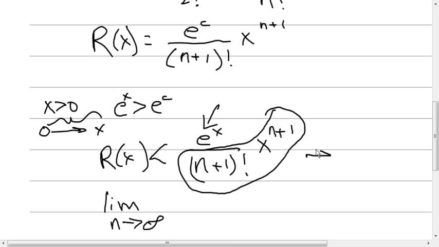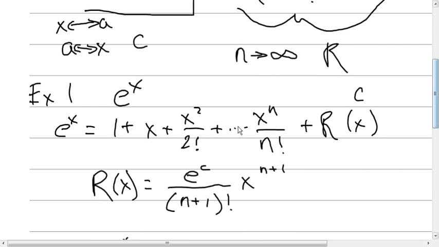So this whole thing goes to 0, classic sort of limit idea, and therefore our remainder goes to 0. Therefore, if we pick enough terms in this polynomial, we can get any degree of accuracy we want for estimating e to the x. And basically, that is how it's done.